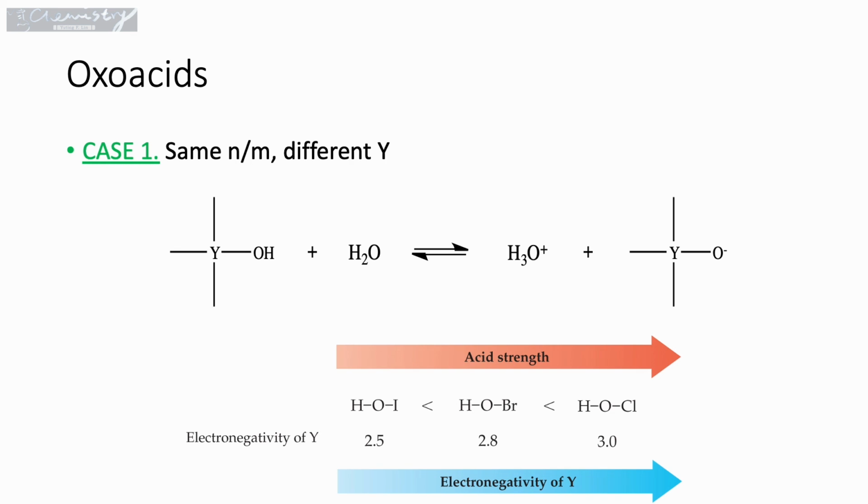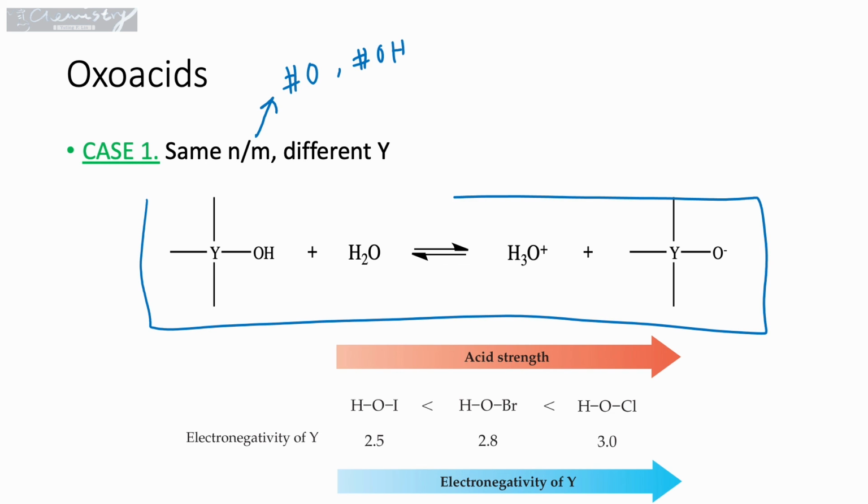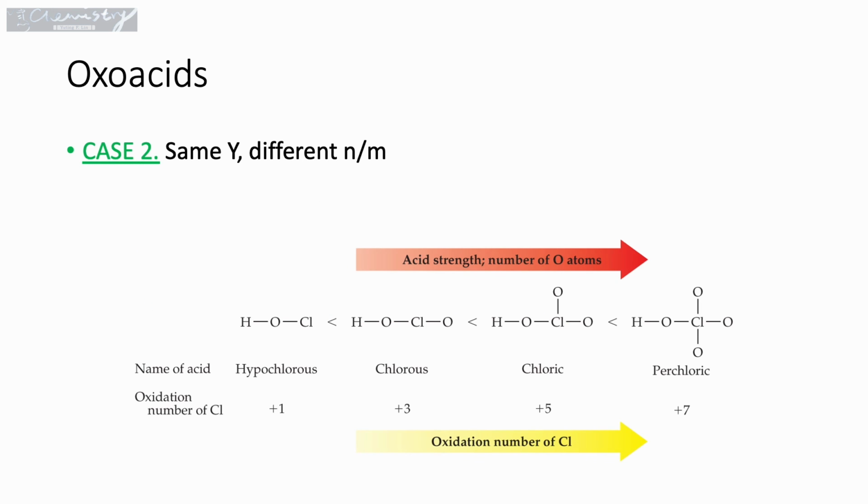Looking at the first case, we have the same N and M, meaning we have the same number of O's and OHs attached to Y, but a different Y. Looking at this case, the case that we're looking at is down. The second case is if we have the same Y, the same core atom, but different numbers of N and M.